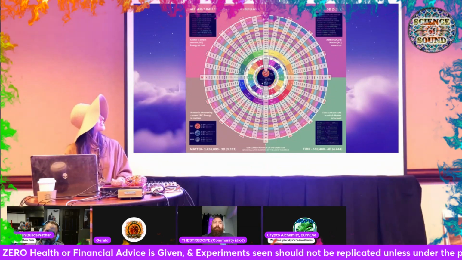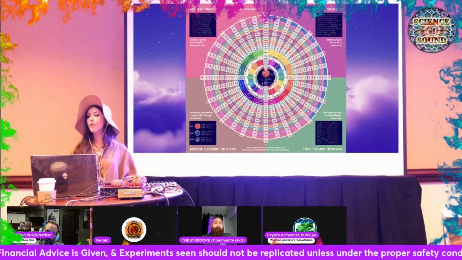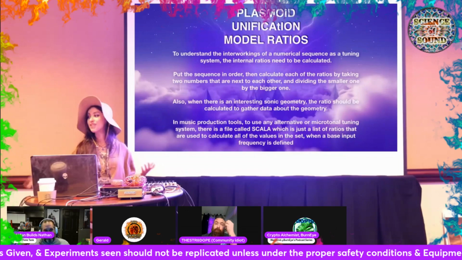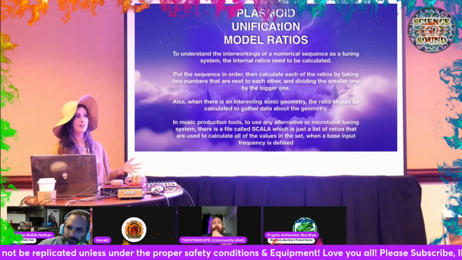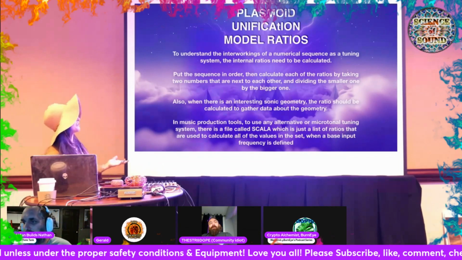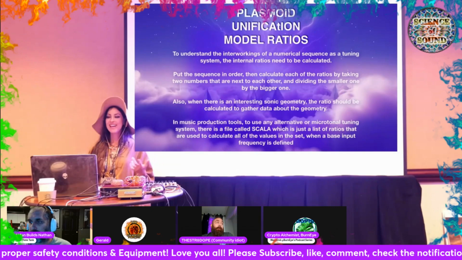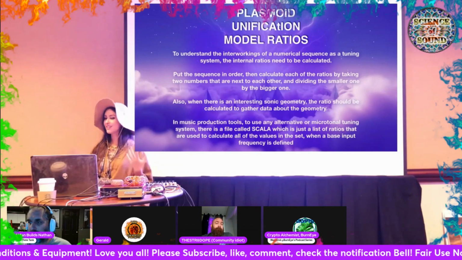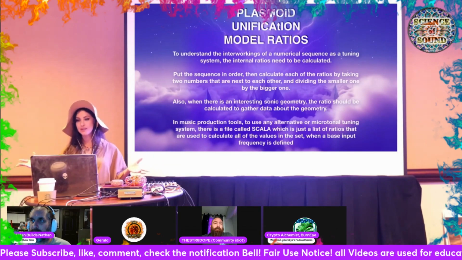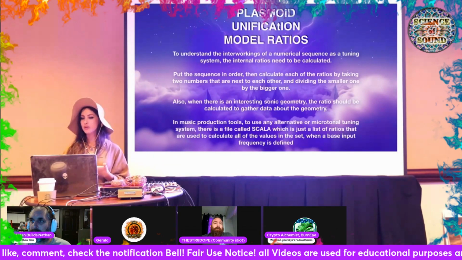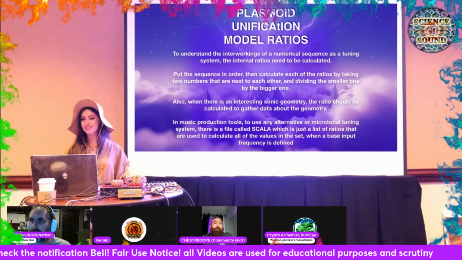So, all right. Like I mentioned earlier, it's about ratios. The first thing I asked myself after I saw how stable all these waveforms were is: what are the ratios? To understand the inner workings of any numerical sequence as a tuning system, the internal ratios need to be calculated.